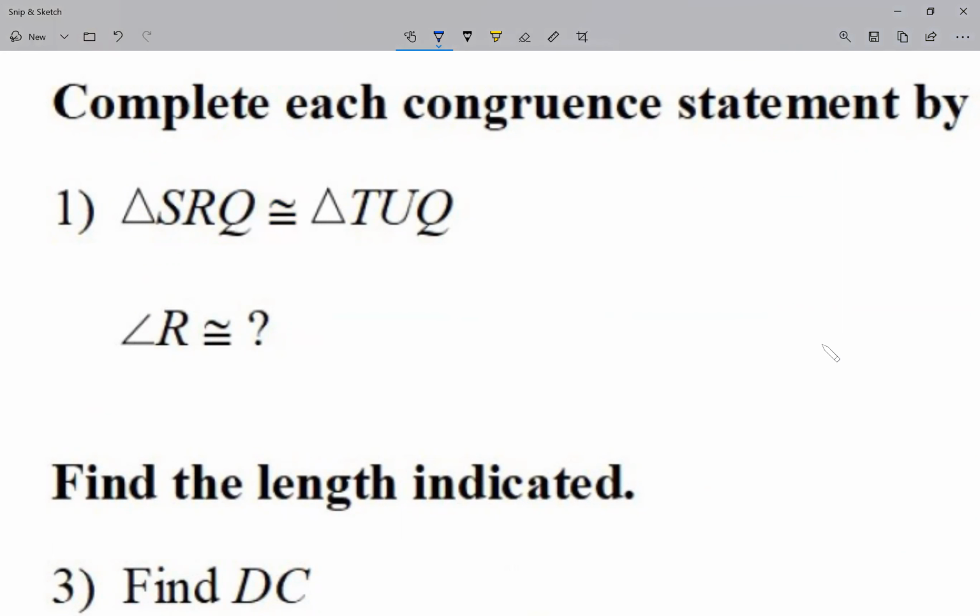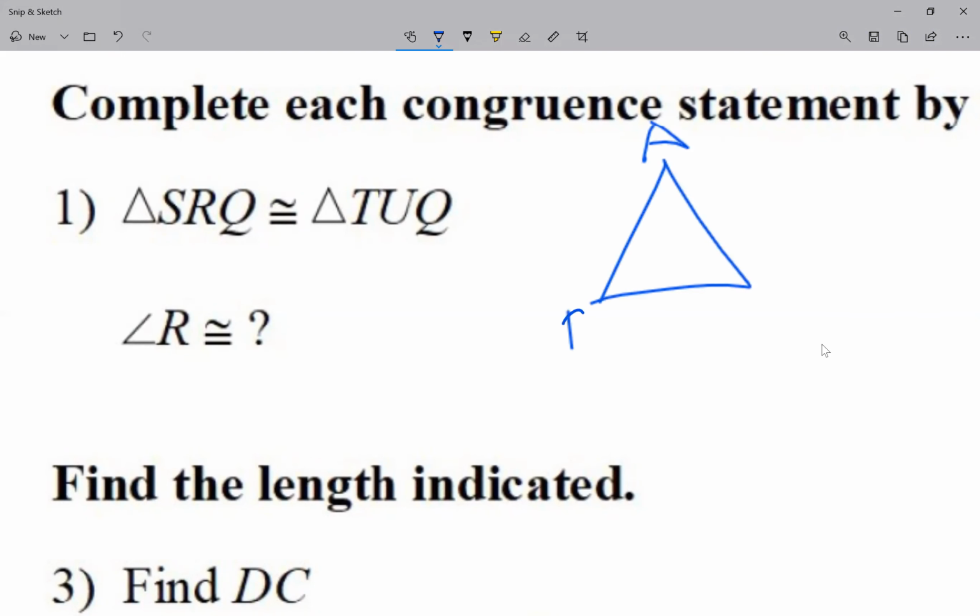What I want us to do is learn how to read this statement. Now, segments, right? When we think of a triangle, it has three sides, and those are segments. Let's say this triangle here, triangle ABC. Each side, each segment, I'm going to label by using two letters. Order doesn't matter.